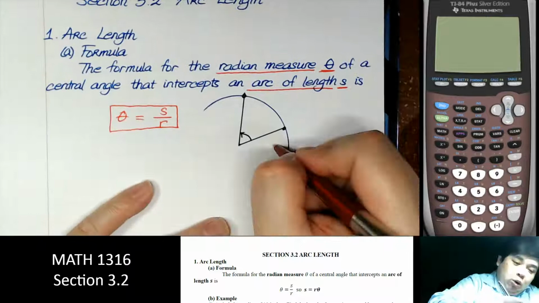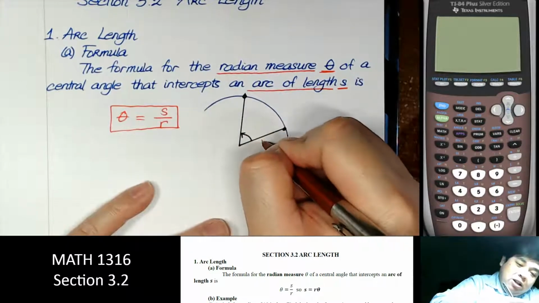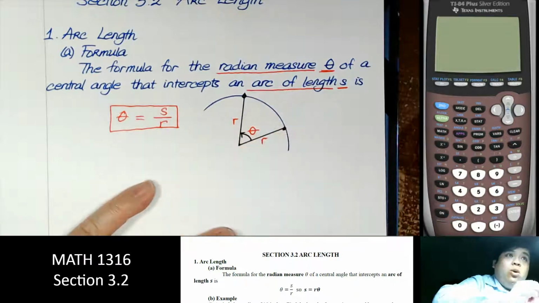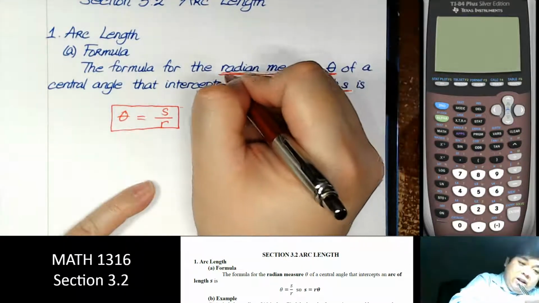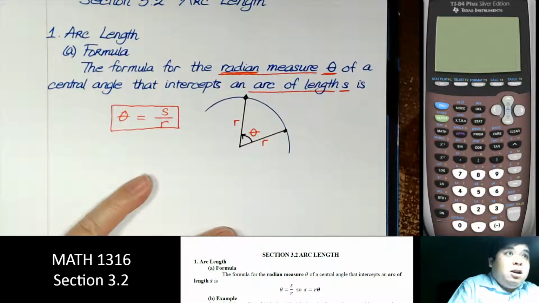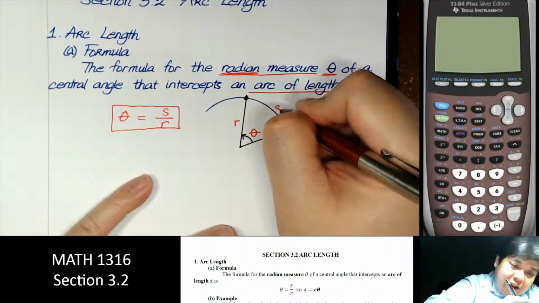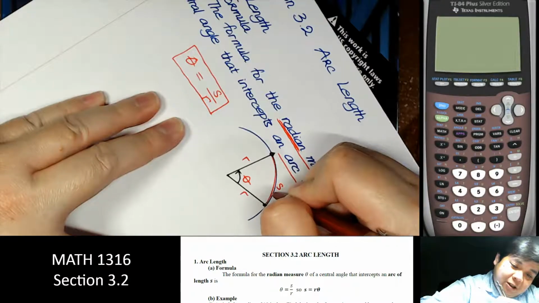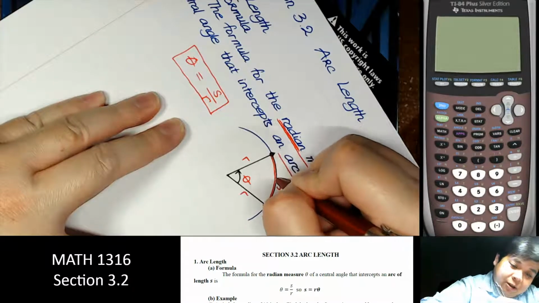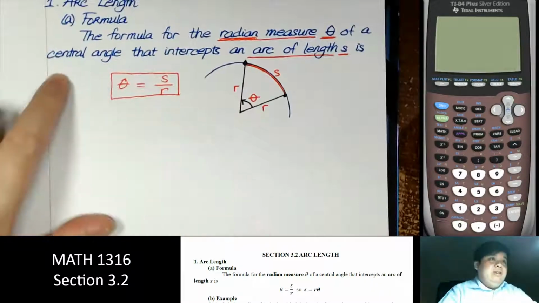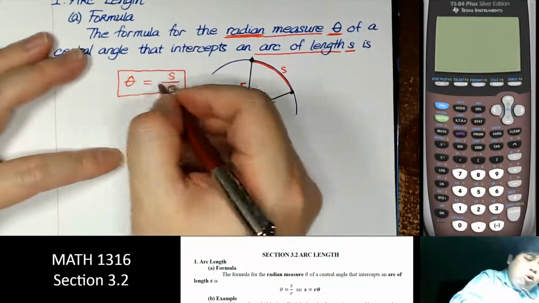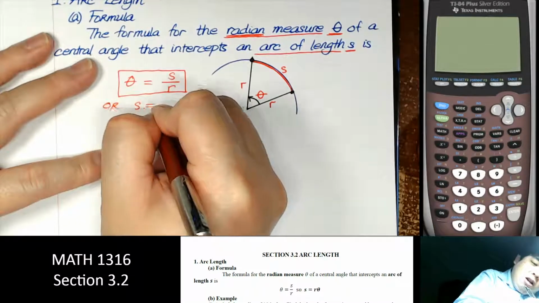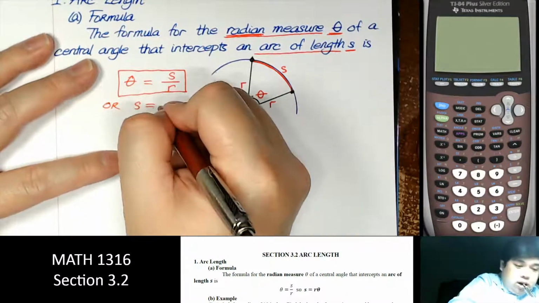So if we have radius R and rotate an angle theta, which has to be in radian, then the arc length is given by that. Because when we write like that, we can also say S, the arc length, is equal to R times theta.